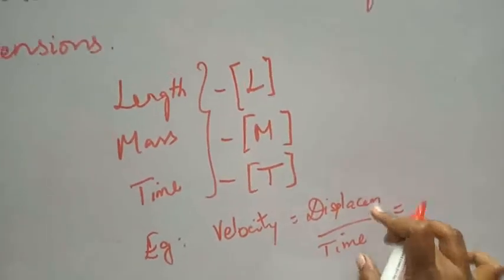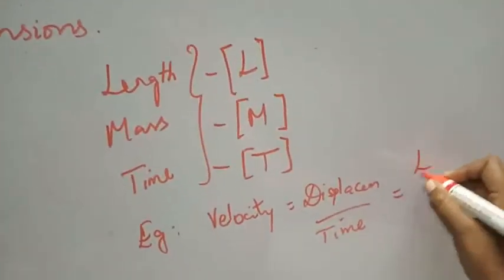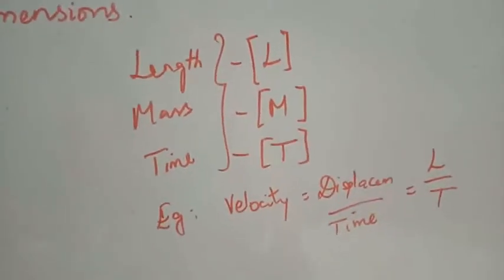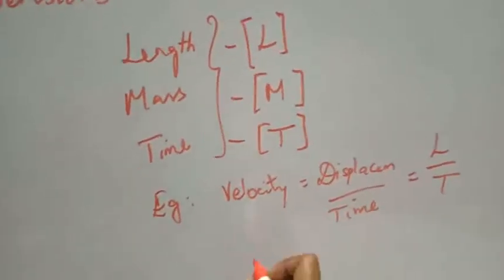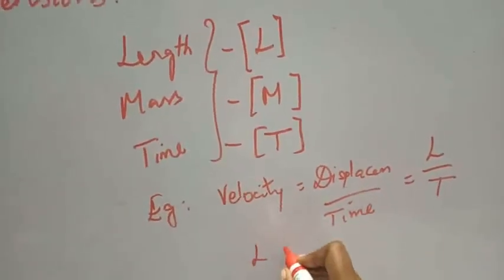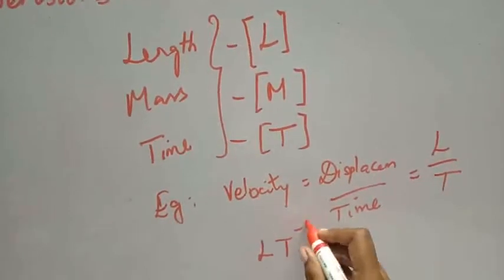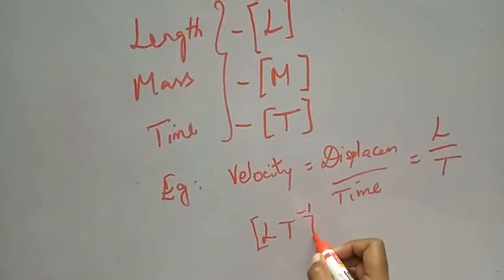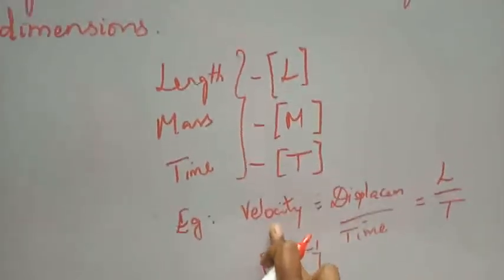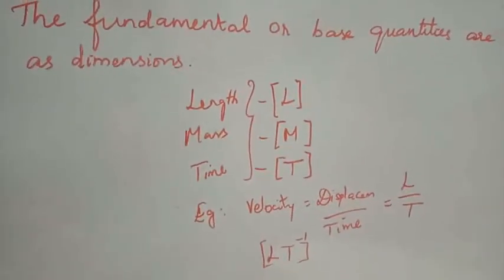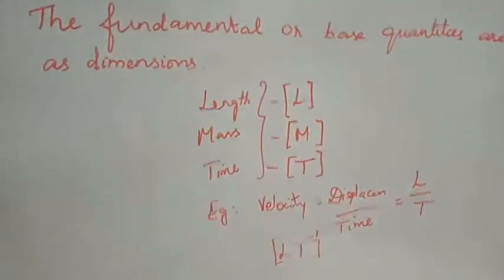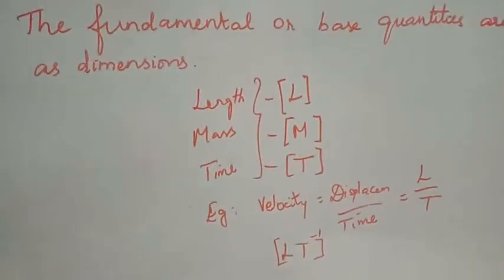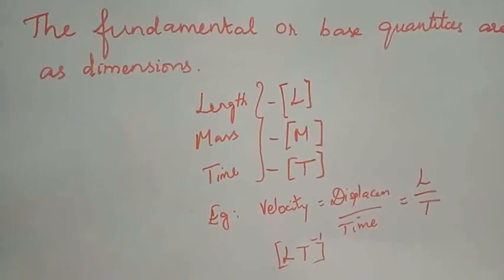So this can be represented by length, so it is L, and for time it is T. So the dimension is L by T. For velocity, the dimension would be L and T power minus 1. So this is the dimensional representation for velocity. So velocity is a derived quantity that can be represented in terms of these fundamental quantities.